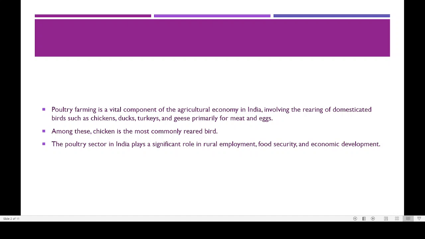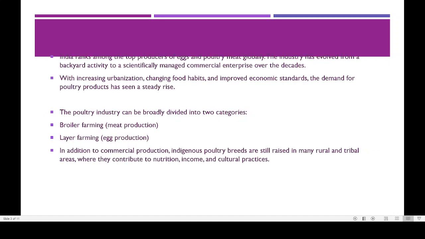People who are doing poultry farming or duck farming get some kind of income. So for providing food, for giving rural employment, and for the economic development of our villages, all these agricultural practices are playing a very important role. So it is from that point that you have to approach this topic.